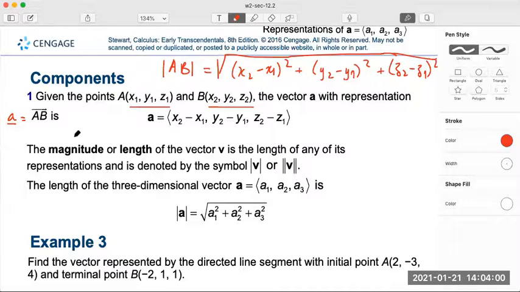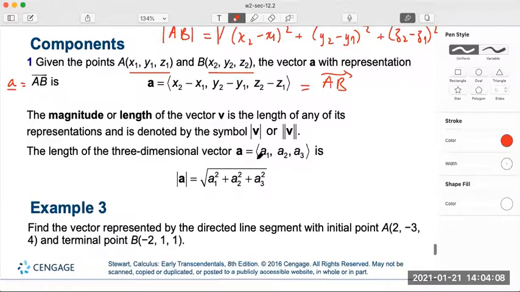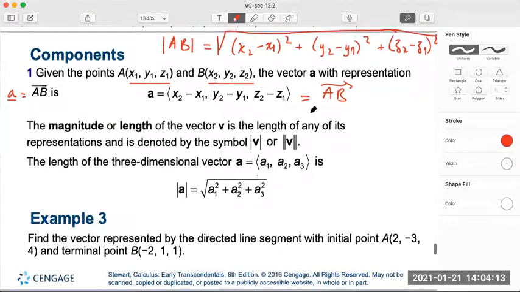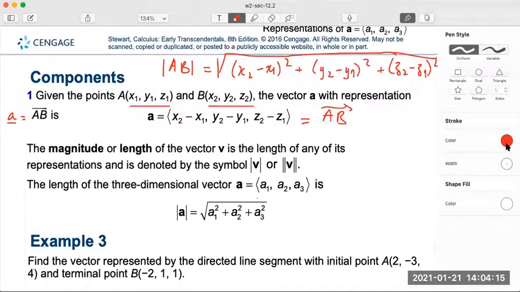And vector AB here has the same length, and therefore it should be the square root of A1 squared plus A2 squared plus A3 squared, where A1 is the first component in the x coordinate.